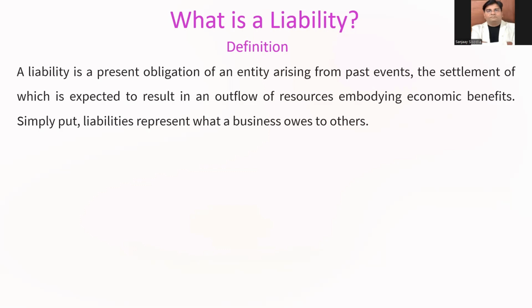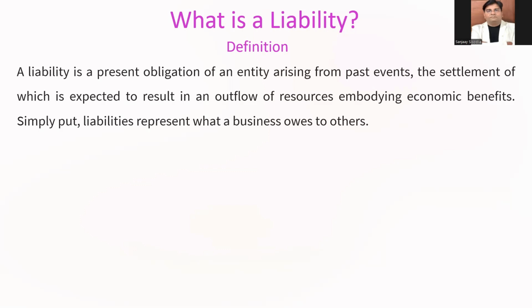So today, the business entity needs to pay 10,000 rupees to Mr. X. And why does the business need to pay rupees 10,000 to Mr. X? Because the business has purchased goods from Mr. X worth rupees 10,000. So this amount of 10,000 that needs to be paid to Mr. X is a present obligation or present liability of the business entity.